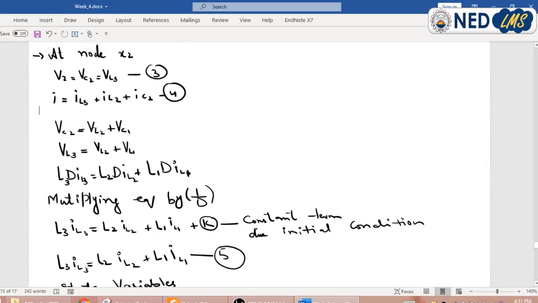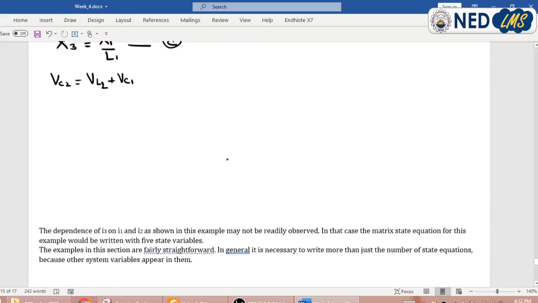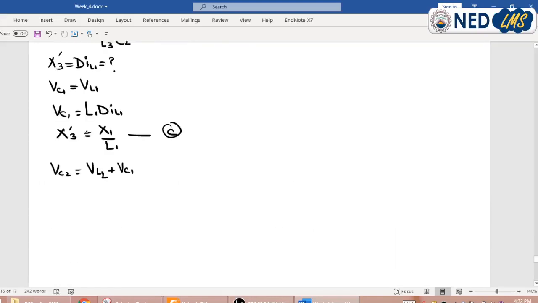I will name this equation my equation 6. So using equation number 6 here, I have written VC2 is equal to VL2 plus VC1.